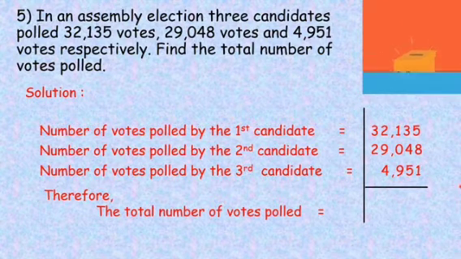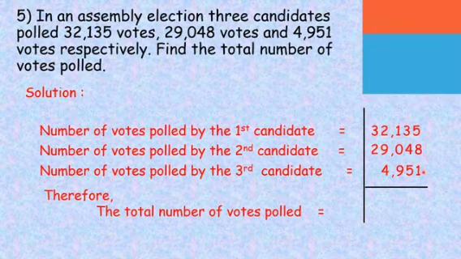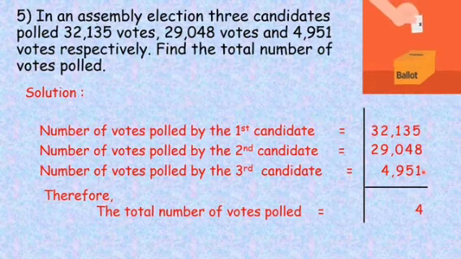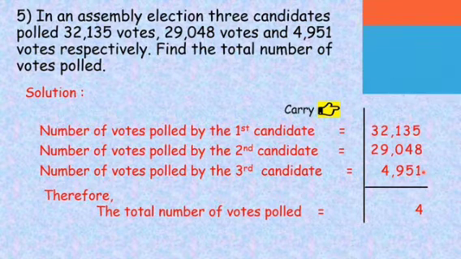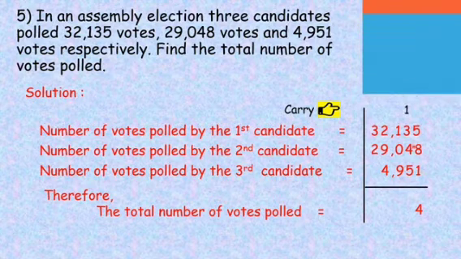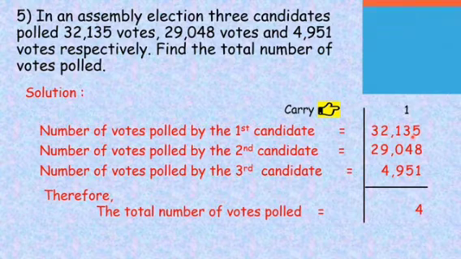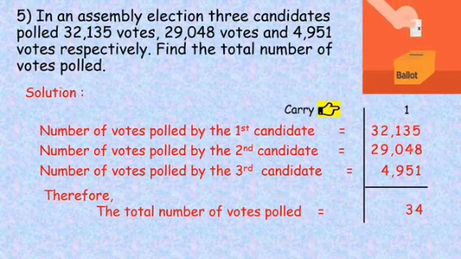So we start from the right hand side. 8 plus 5 plus 1. What is the answer we get? It is 14. 4 goes to the bottom, 1 gets carried over. Then 5 plus 4 is 9, 9 plus 1 is 10, 10 plus 3 is 13, 3 goes at the bottom, 1 carried over.